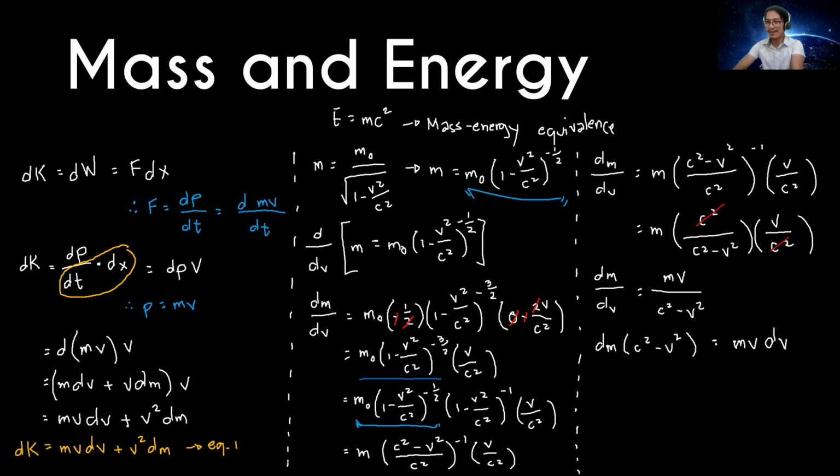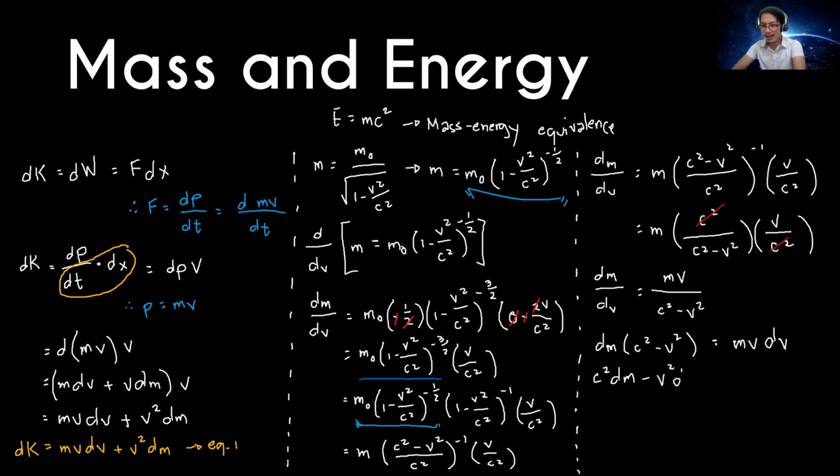Cross multiply lang na. Okay? Now we are going to distribute dm. Distribute natin si dm. So distribute natin sa dm. This will become c squared dm minus v squared dm. Ito. V squared dm. Tama? Distribute man.